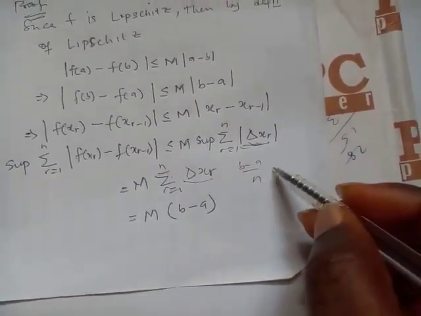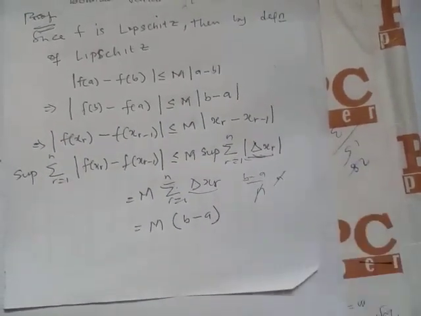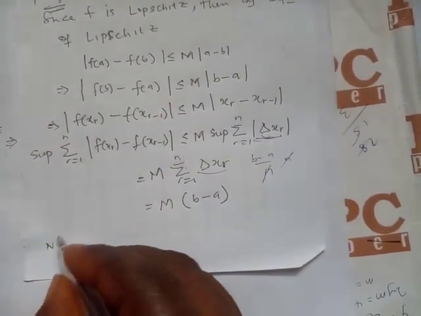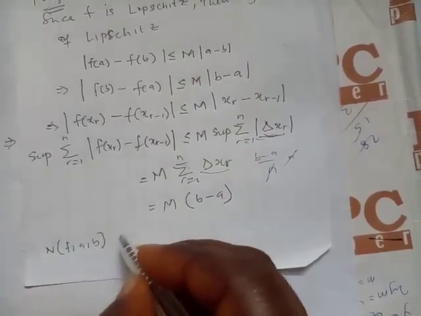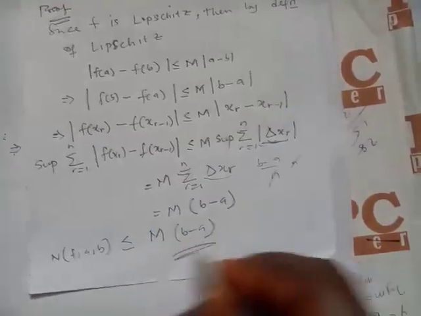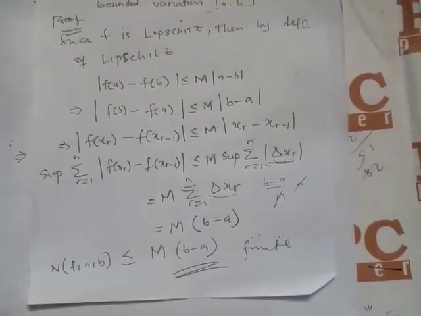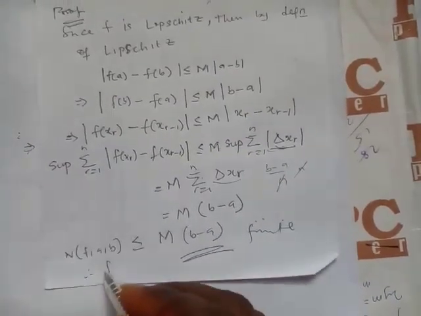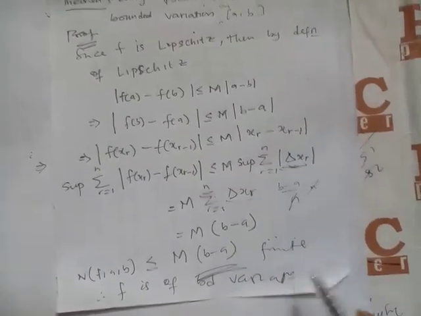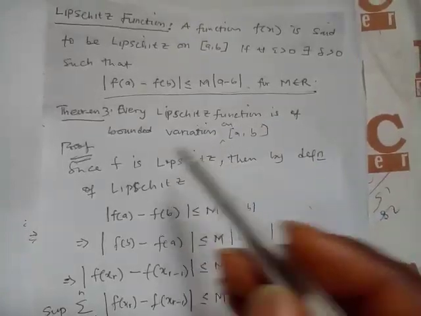The summation of 1 from 1 to n is n already, so they will cancel each other. So we know this to be b minus a. So what we have shown is that V(f, a, b), the total variation, is less than or equal to M times (b - a), which is finite. Since it is finite, we can now say that therefore f is of bounded variation. So we have just shown that every Lipschitz function is of bounded variation.